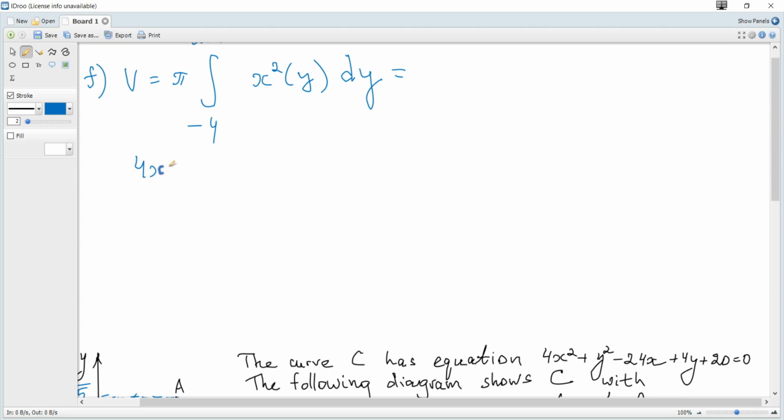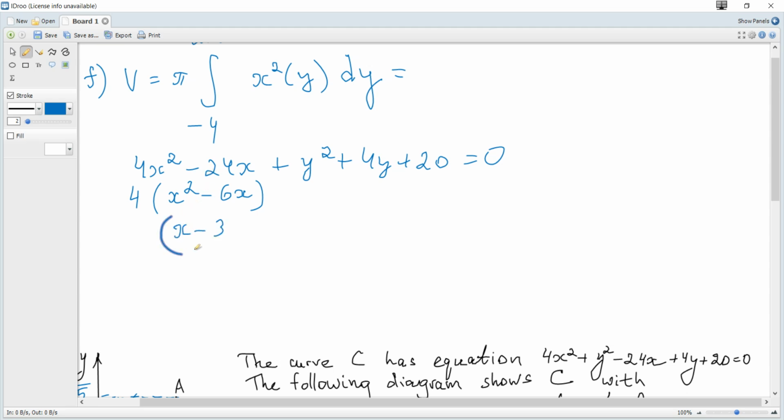So it becomes 4x squared minus 24x plus y squared plus 4y plus 20, but I want to complete the square to get 4 multiplied by x squared minus 6x, and it becomes x minus 3 squared minus 9.